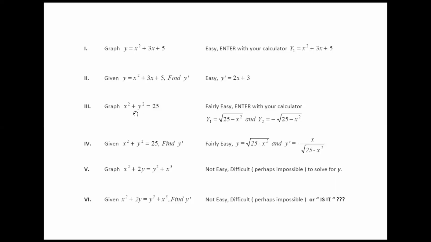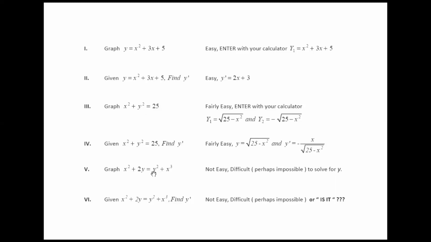So this is an implicit function, but it can be made into explicit. And for taking the derivative, we would do the same thing, and we would write this to the 1/2 power and take the derivative using the chain rule, and that would be the derivative. So we have a function that's not explicit, but we can make it explicit.